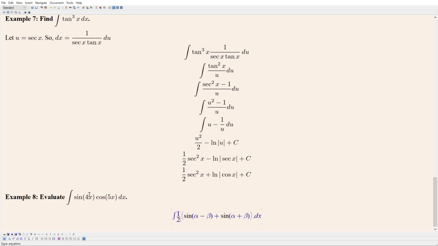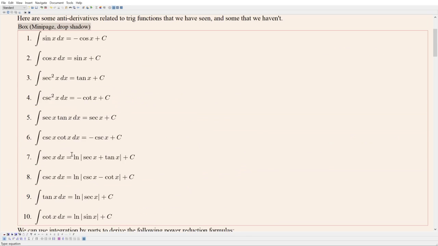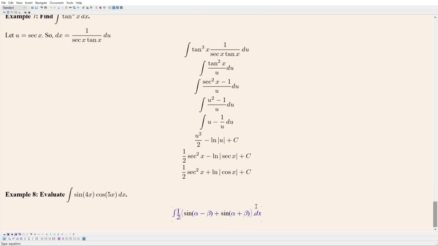Now, in this case, alpha and beta are like so, right? Is that the way it was written? Sine, cosine, yeah. So for us, alpha is 4x, beta is 5x.